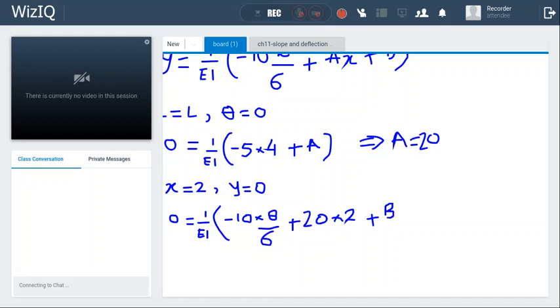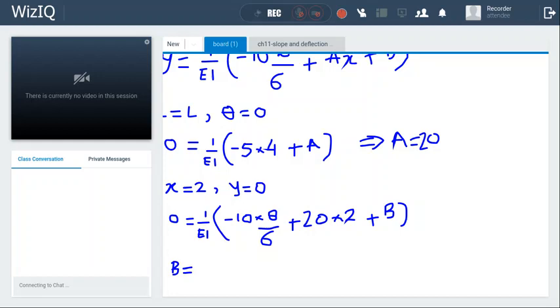So b is unknown now, and we can easily calculate the value of b from here. B is equal to this number, and we find this value for b, which can be easily calculated as 40 by 3.